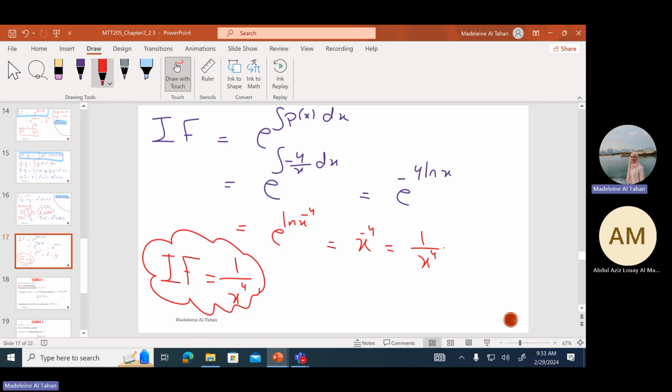Okay, what's the next step after the integrating factor? Find y, right? I'll put in the formula.